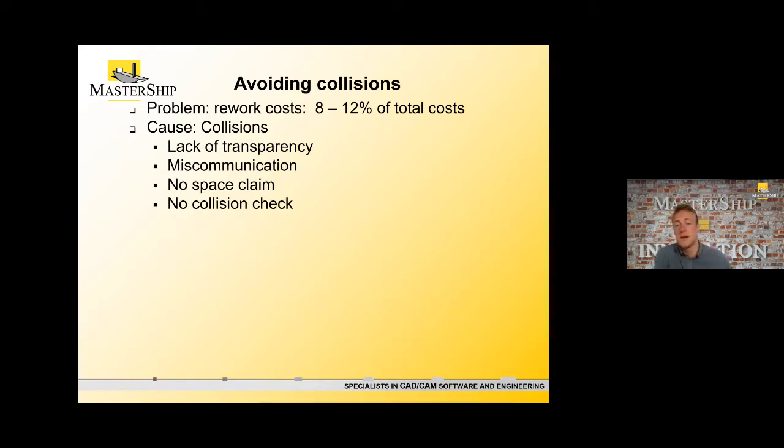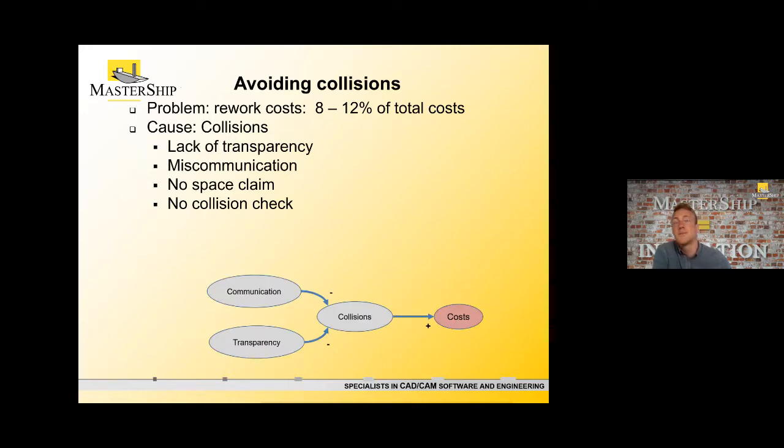So we have two solutions for this as well. First, maybe it is nice to give you a bit of a systematic overview of what is happening, and then also how those solutions apply to this. As I already said, if you look at this diagram from left to right, you see that better communication contributes to fewer collisions.